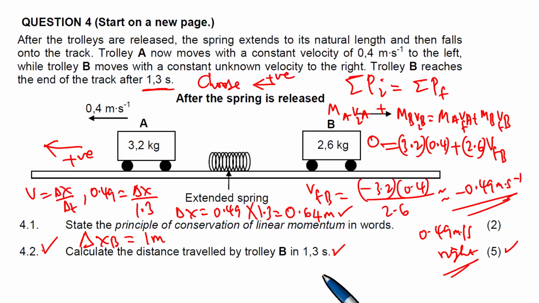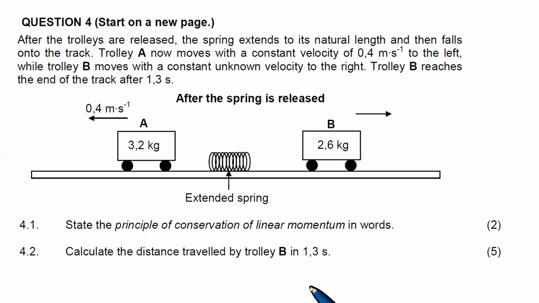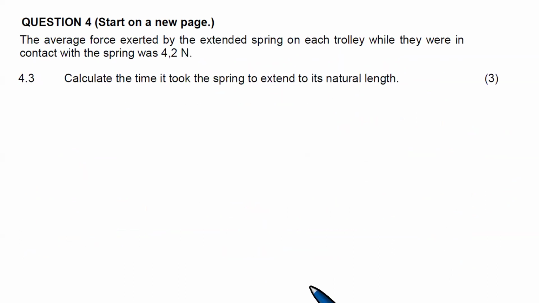And then now let's try the next question. The average force exerted by the extended spring on each trolley while they were in contact with the spring was a force of 4.2 newtons. So the average force, which became the net force, was 4.2 newtons negative.